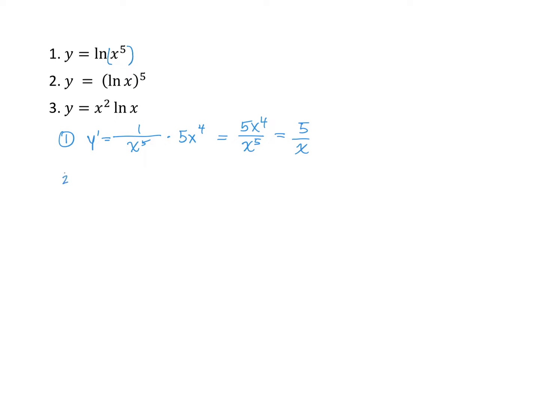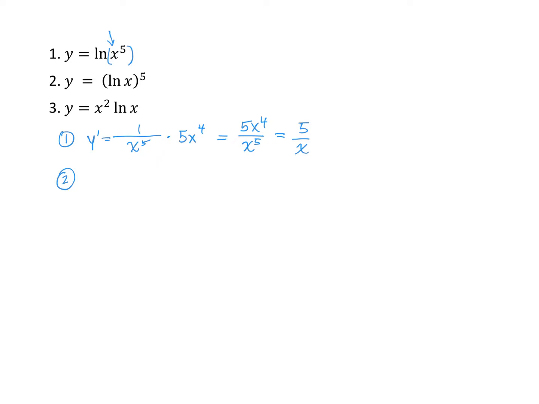Okay, so number 2. How is number 2 different than number 1? Well, on number 1, we had ln of x to the 5th, and on number 2, we have ln of x and that whole quantity to the 5th power. So our outside function in this case, if we're talking about composite functions again, is x to the 5th, and our inside function is ln x.